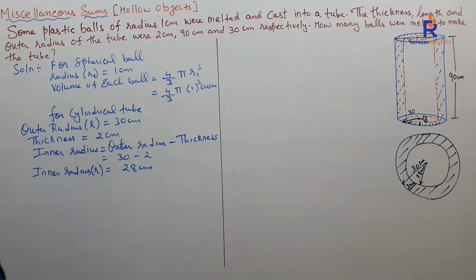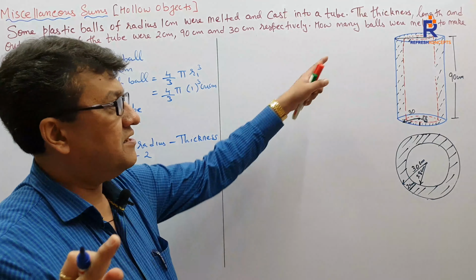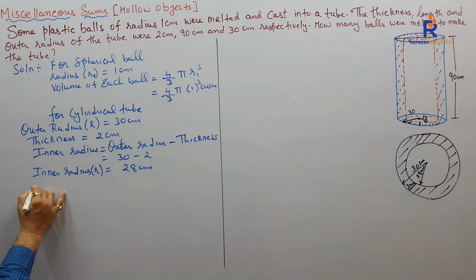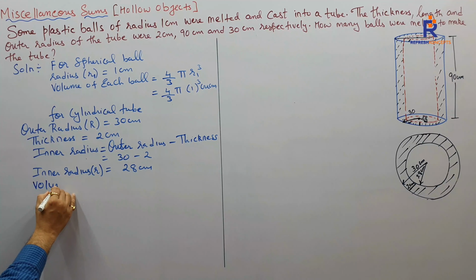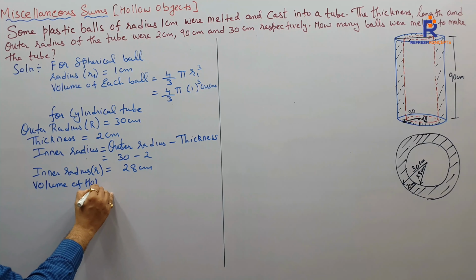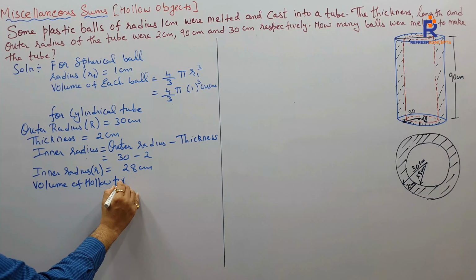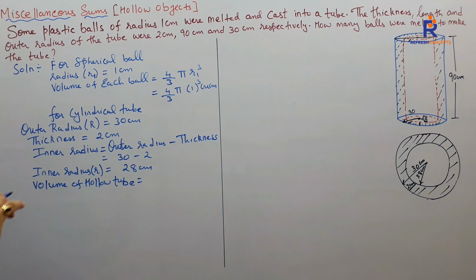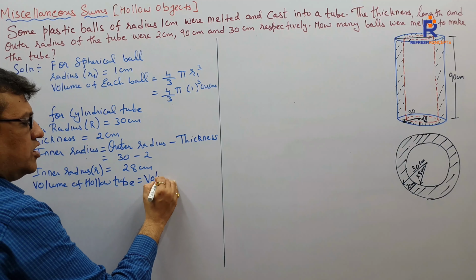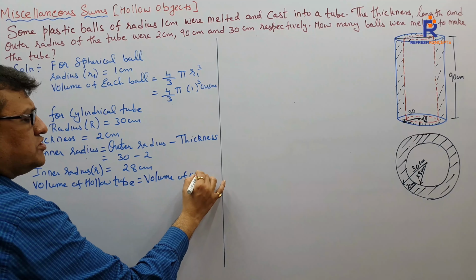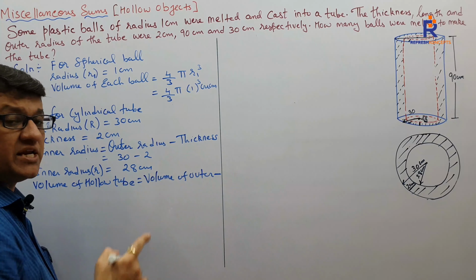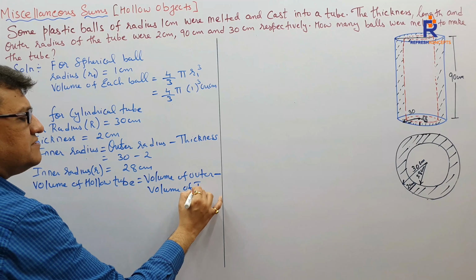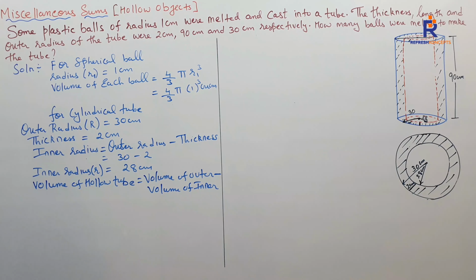Now, can you tell me what is the volume of the hollow tube? We'll say volume of hollow tube is volume of outer cylinder minus volume of inner cylinder.